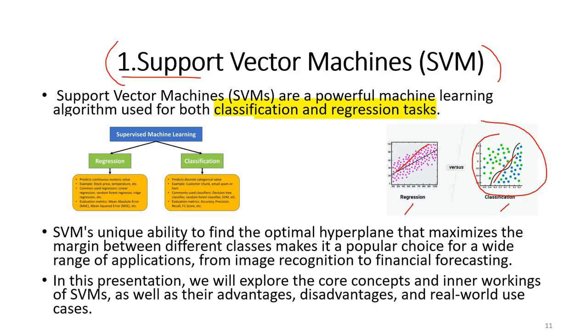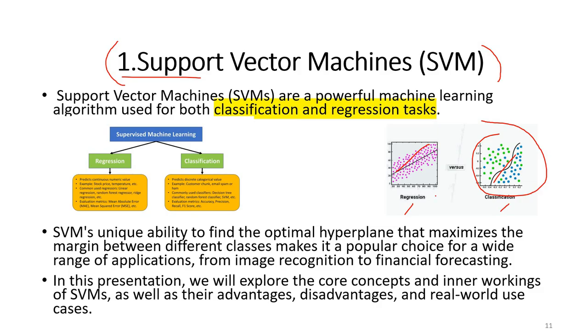In the slide we can see two groups of points, and SVM tries to draw a line that separates them. But here's the important part. SVM doesn't draw any random line. It draws the best possible line. That is the most important feature of SVM.